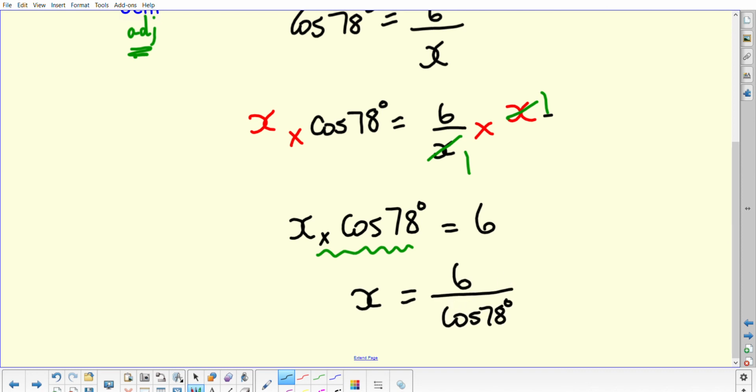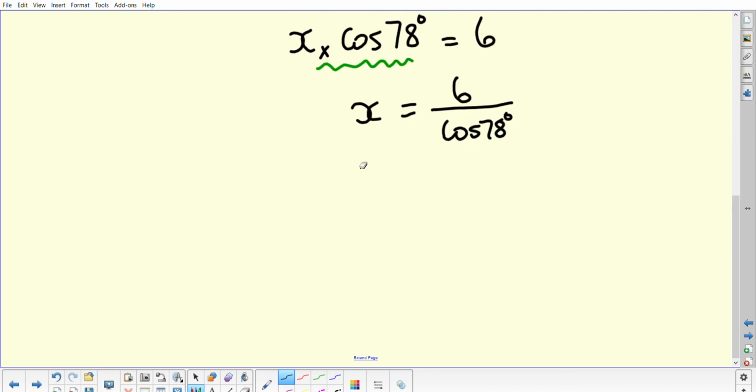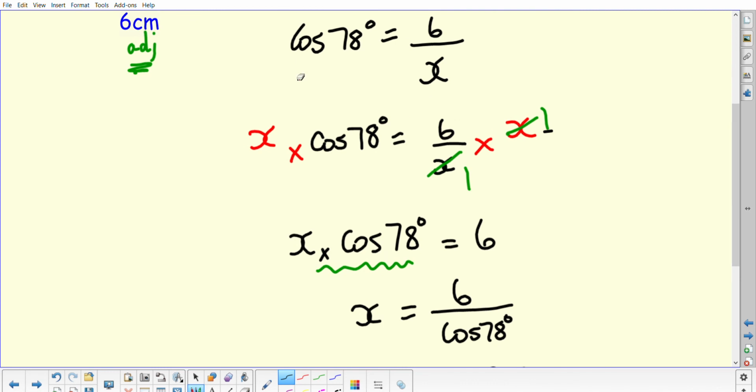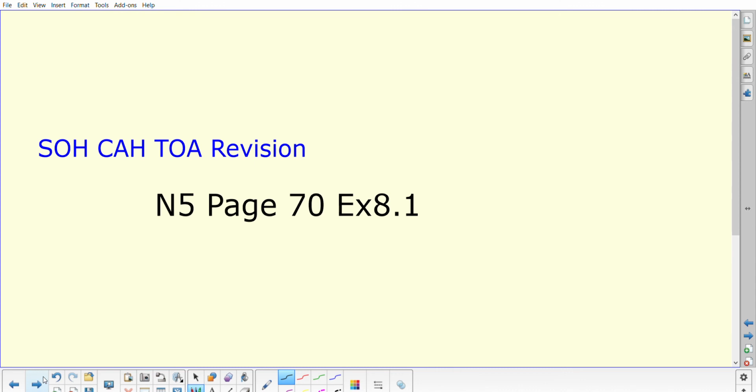So you're really dividing by cos 78 on both sides, and that gets you down to that step there, and you get x equals 28.258584, and if we're rounding to 2 decimal places, that would be 28.86, and it would be centimetres for your length. It's a wee bit tricky sometimes when you're having to rearrange your equation. So now it's your turn to practice in the textbook.